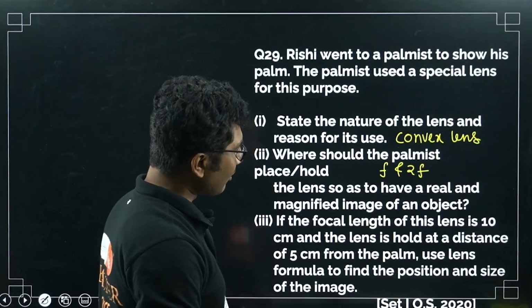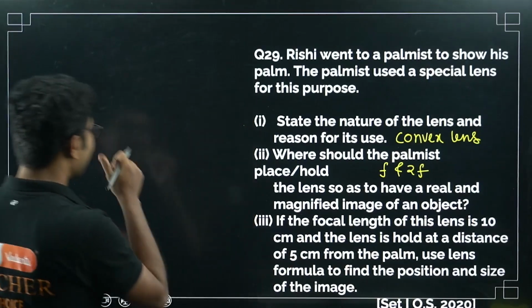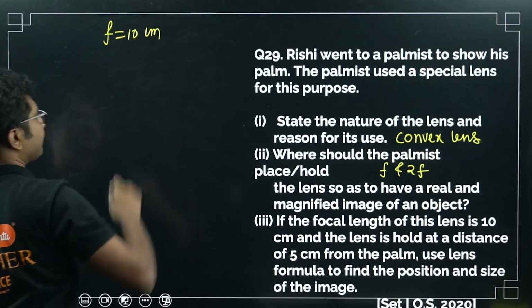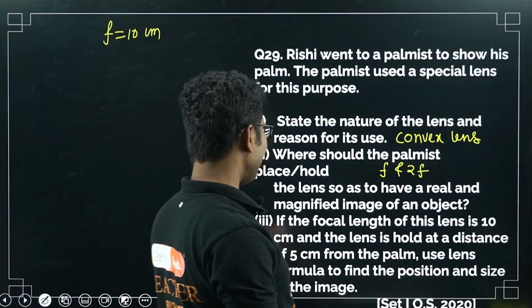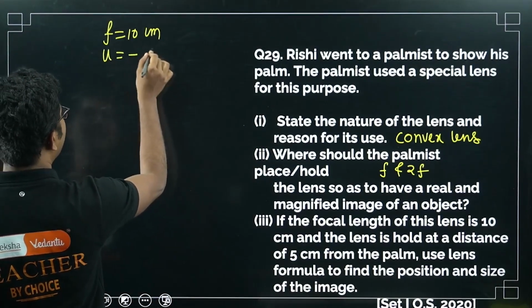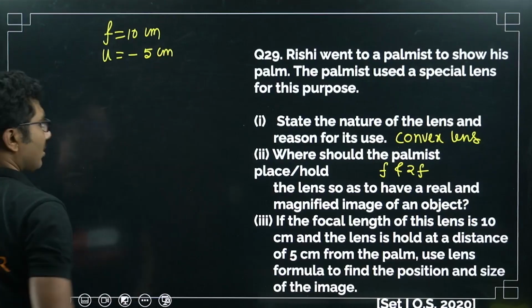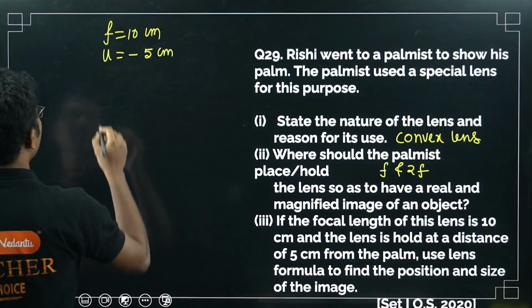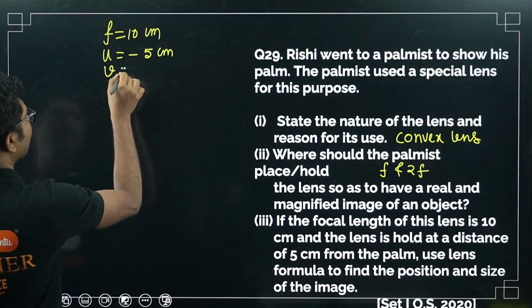If the focal length of this convex lens is 10 centimeter, it is positive. Okay, and if the lens is held at a distance of 5 centimeter, so u is minus 5 centimeter. Okay, use the lens formula to find the position and the size of the image. So we have to find v.